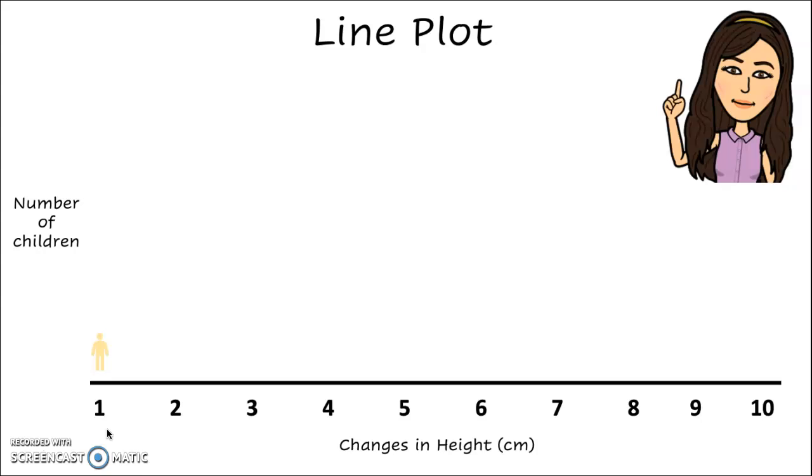Just one child. Now, how many children grew 2 centimeters? Let's see, just one child. What about 3? How many children grew 3 centimeters? 3 children. How many children grew 4 centimeters? Quite a bit. Let's see.